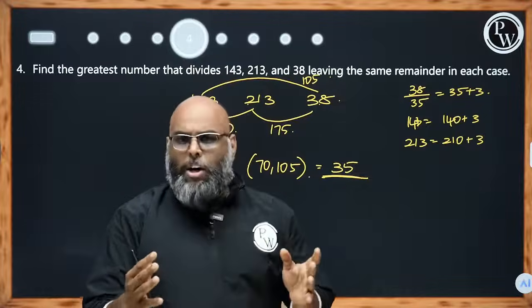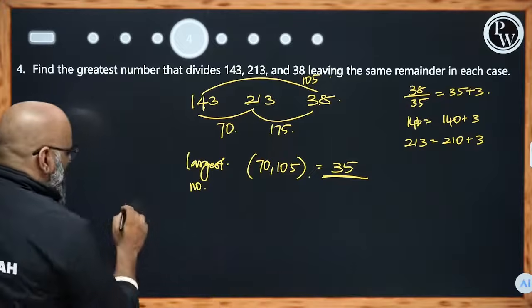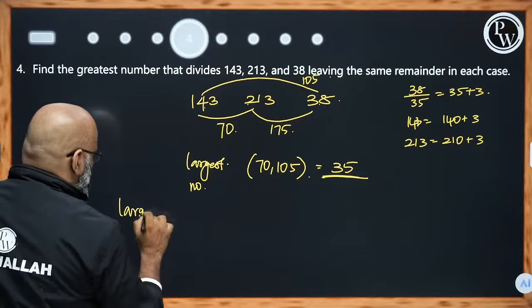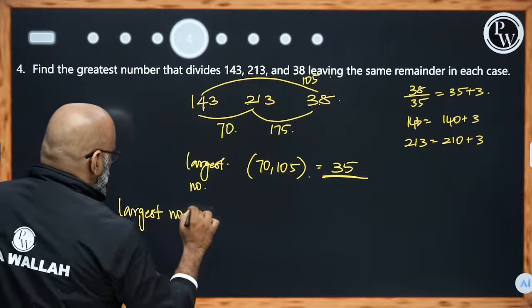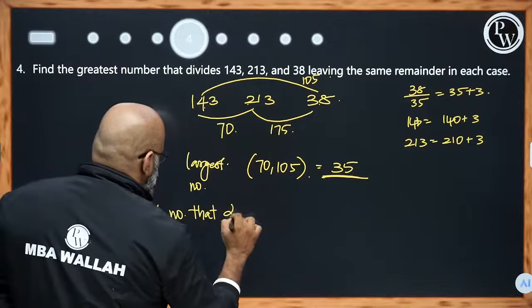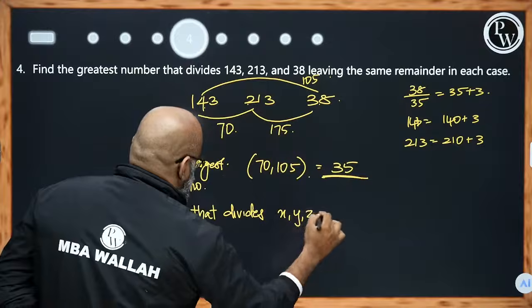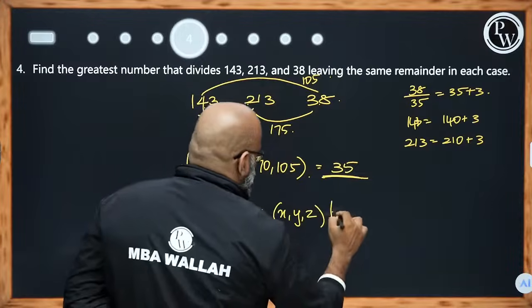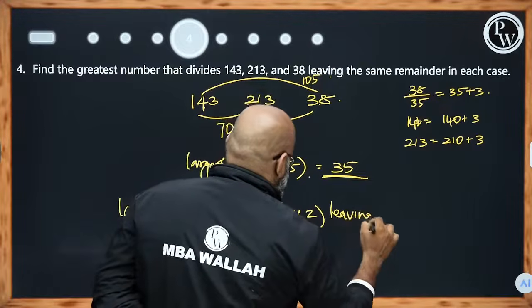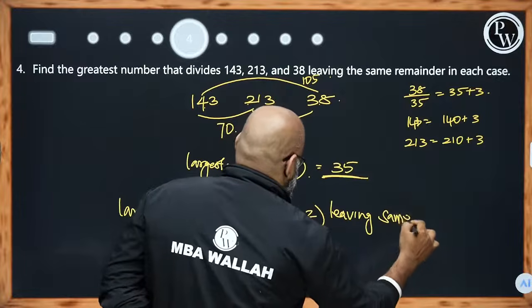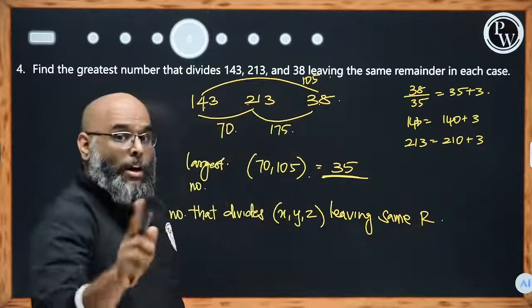If I have to pen it down in a simple definitive format, largest number that divides x comma y comma z, leaving the same remainder. But I didn't tell you what remainder it is.